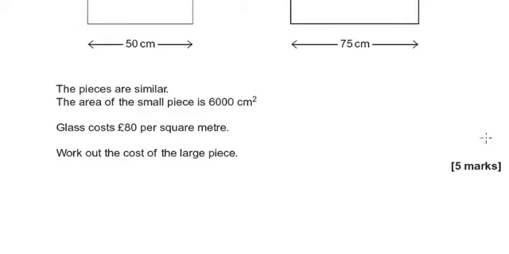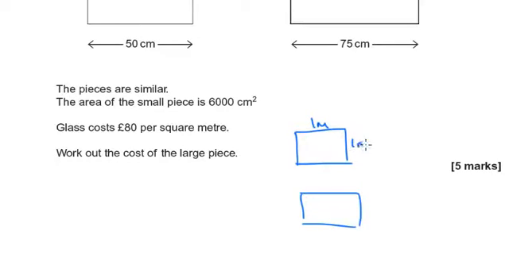Now, the thing most people did wrong was think that in order to convert square centimetres into square metres, you divide by 100, and that's not true. You don't just divide by 100. If you think about 2 squares the same size, if I call this side 1 metre and 1 metre, that will be 1 metre squared.